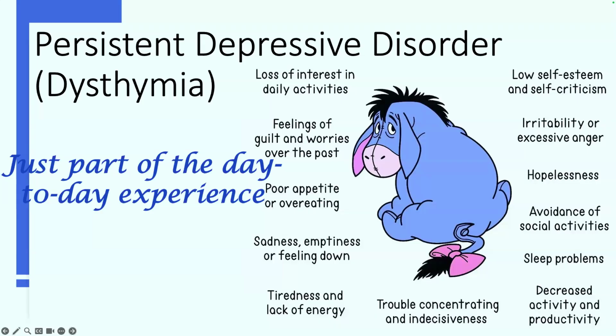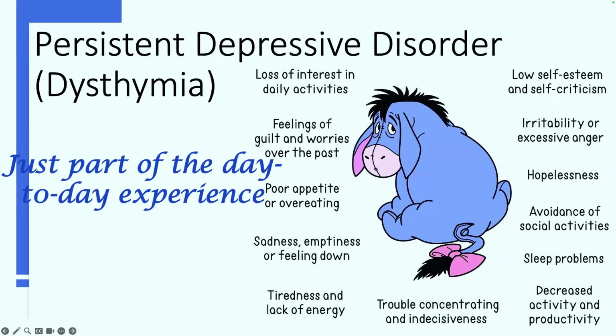Persistent depressive disorder. This is also called dysthymia. This is Eeyore. This is the person that's just down. It's just my day-to-day experience. Every day is a little bit blue, not much going on. So you're not as depressed as major depressive disorder.